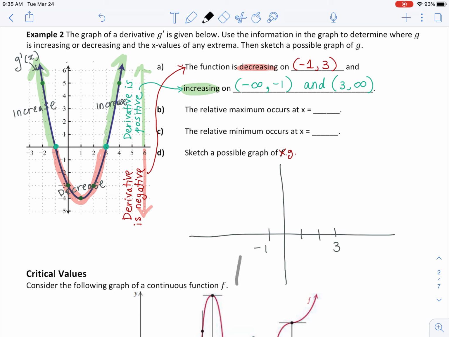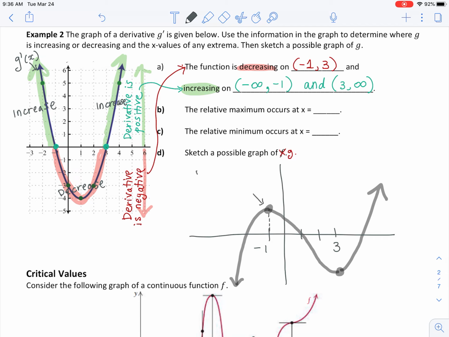Somewhere it's going to start going up. And when we hit that point, -1, that's where it's going to start decreasing. And when it hits that 3, that's where it's going to start increasing again. So a possible graph of g will look something like this.